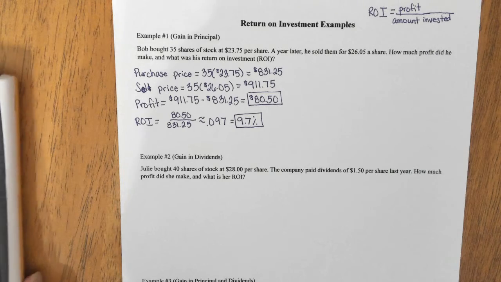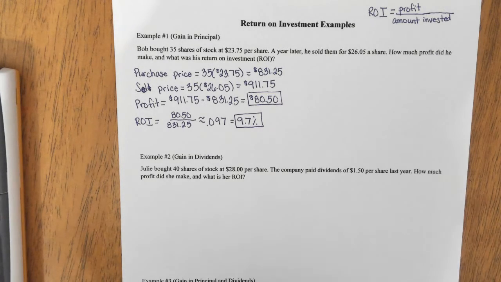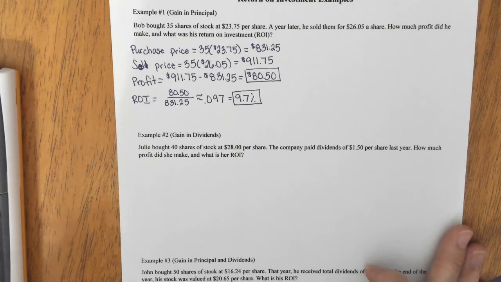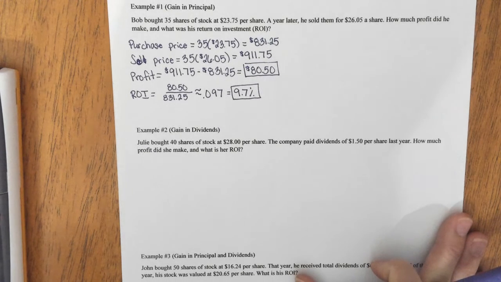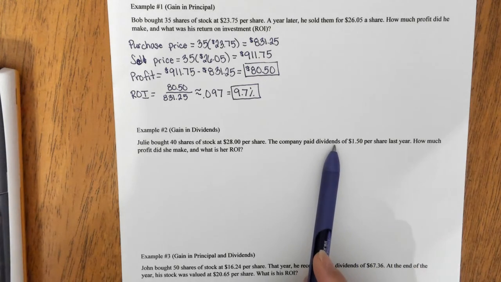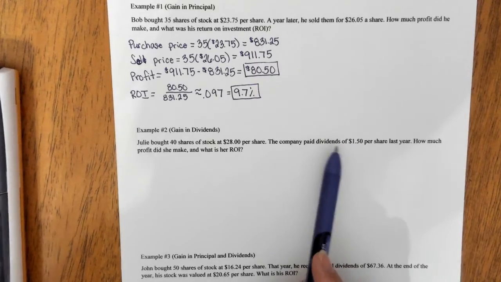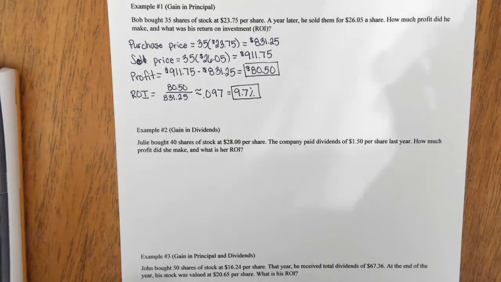Okay. Number 2, Julie bought 40 shares of stock at $28 per share. The company paid dividends of $1.50 per share last year. How much profit did she make, and what was her ROI? So the company, remember, they just pay you dividends. She didn't sell these stocks, so it's a little bit different here.